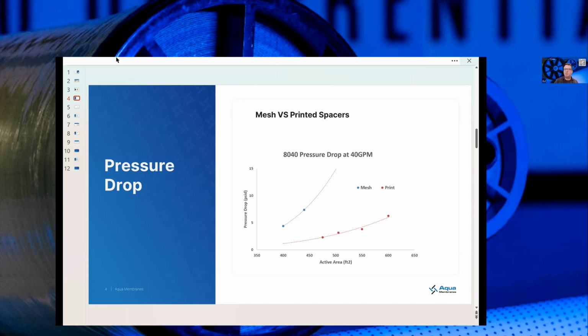And the fact that with the printing, we're able to do that at a much lower response curve. So for a given active area, we could have a much lower pressure drop, or for a given pressure drop, we can have much more active area. But specific points that we're talking about here, that second red one, that's about 505 square feet, that would correspond with the previous plot that I did at the 19.5 mils.